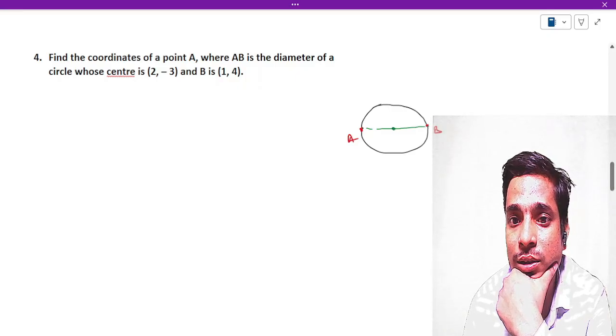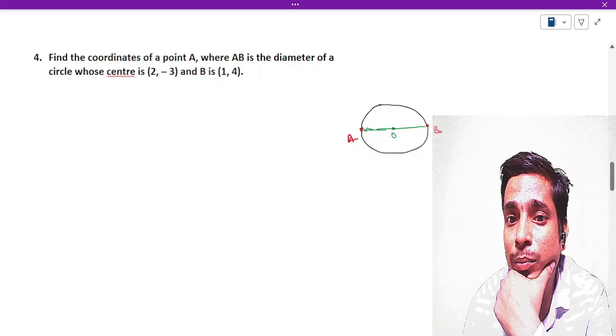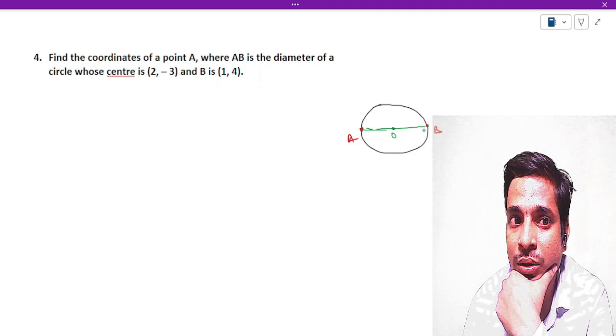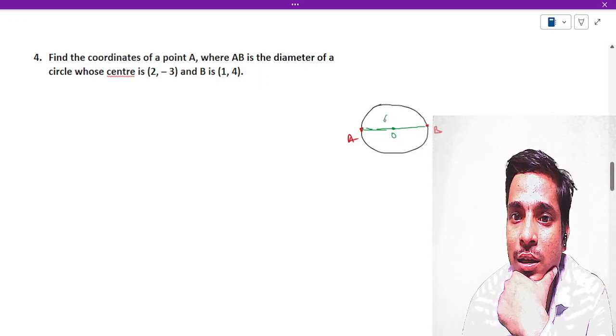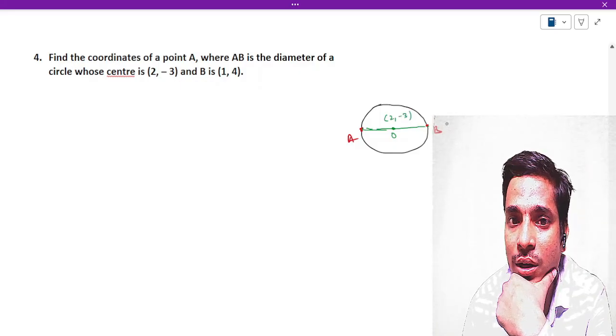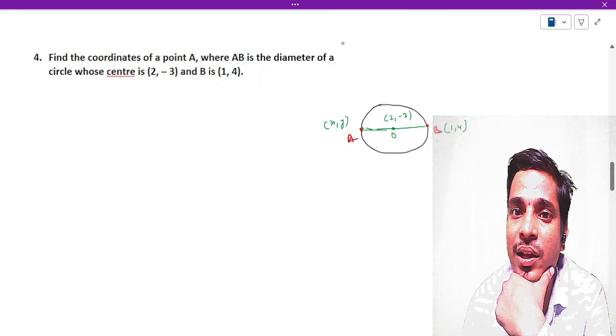So with the center O, OB and OA will be equal. So we can say that the center of the circle is nothing but the midpoint of the diameter, right? So over here the center is given as 2 comma minus 3 and the B coordinate is given as 1 comma 4. We need to find the coordinate of A, which is let's say x comma y.